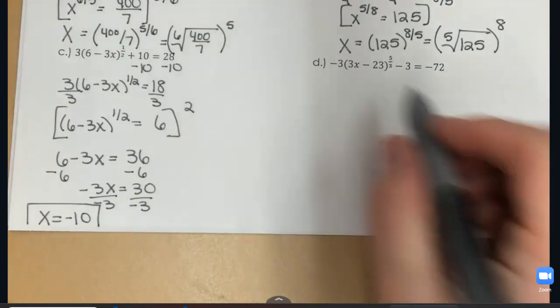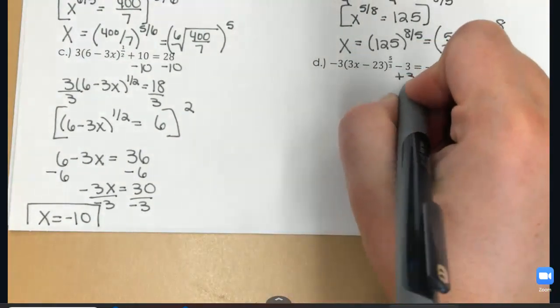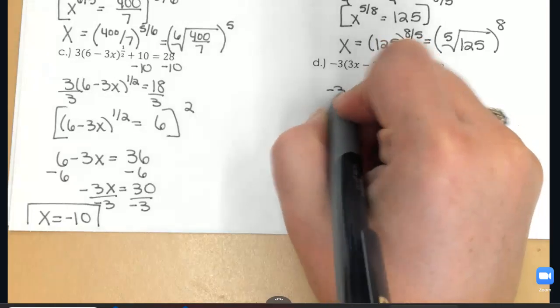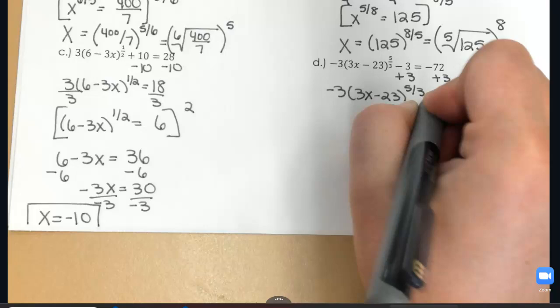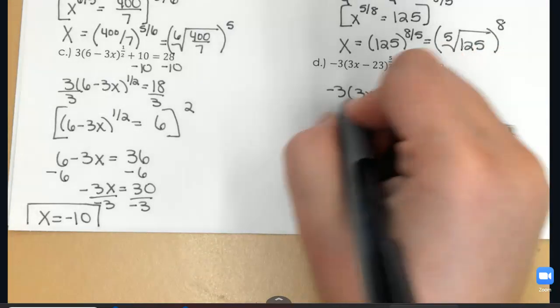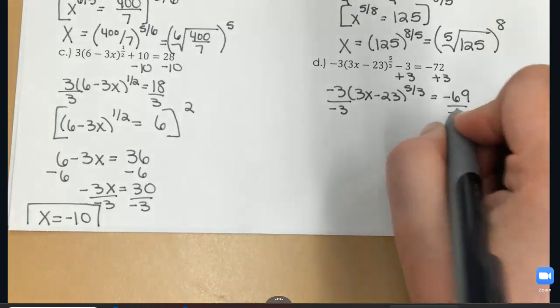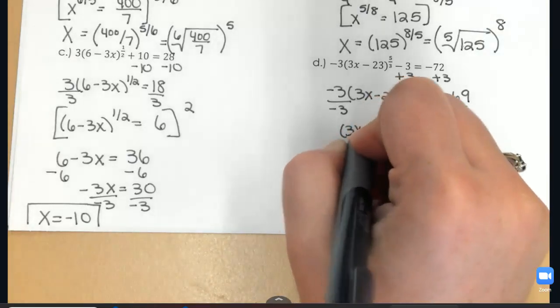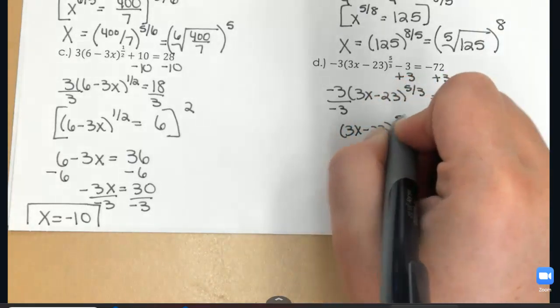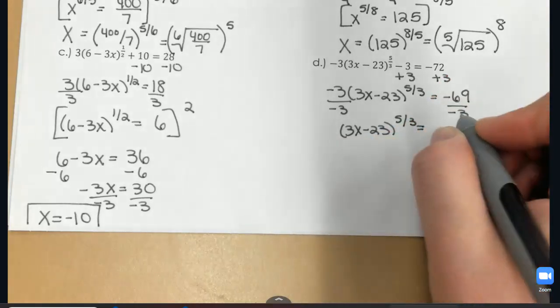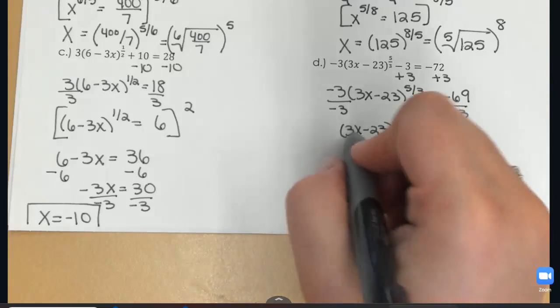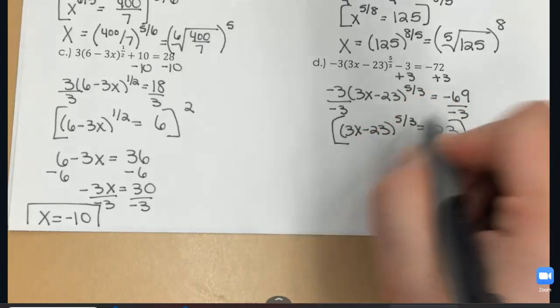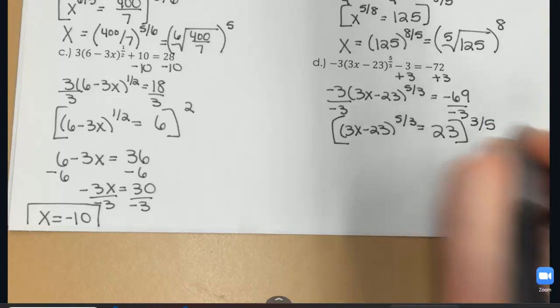All right, next one. First thing I need to do is add the 3. And that's going to be -69, so then I can divide by -3. And that becomes positive 23. Now the reciprocal exponent is going to be 3/5.